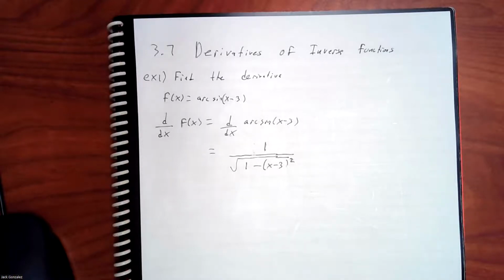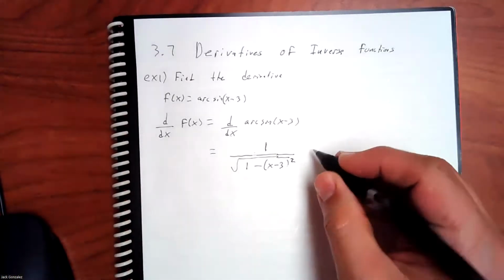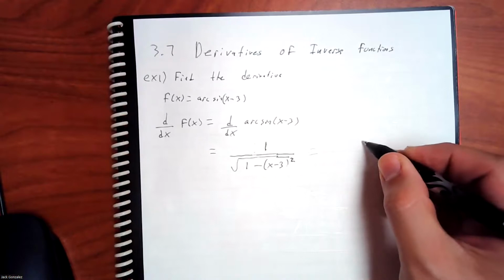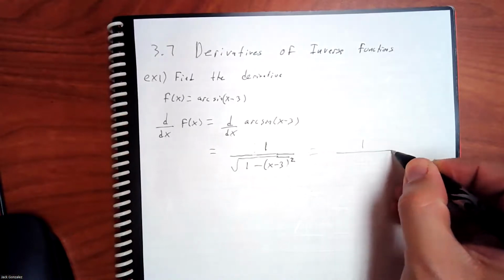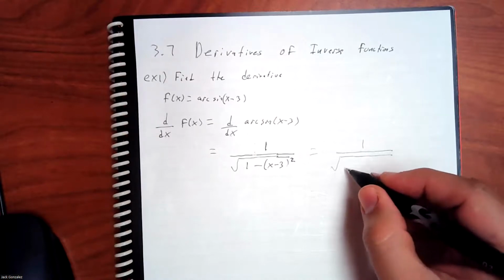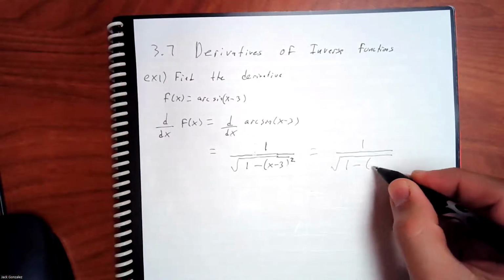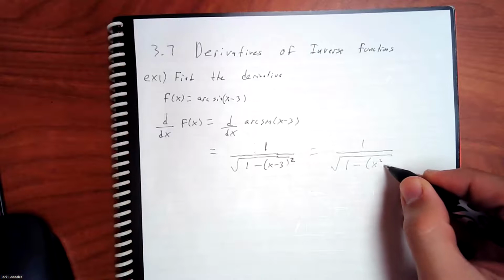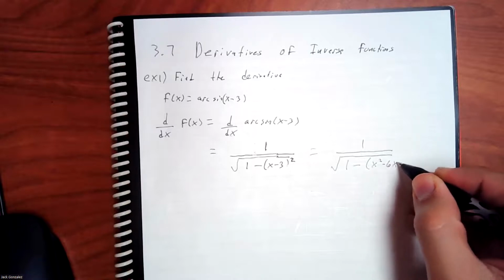So literally, that's all you're doing. You take that argument x, the thing in parentheses, and you plug that into the bottom. So the derivative of sine inverse, or arcsine if you prefer, is 1 over the square root of 1 minus (x minus 3) squared.